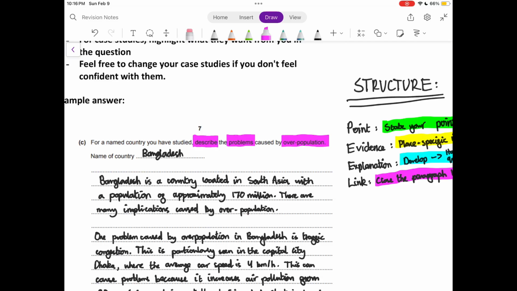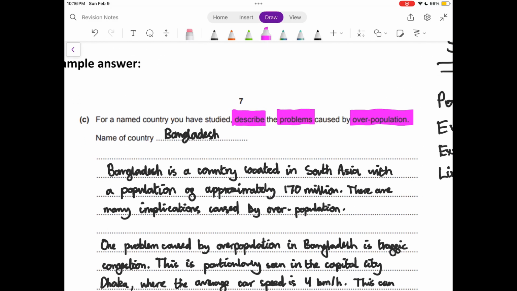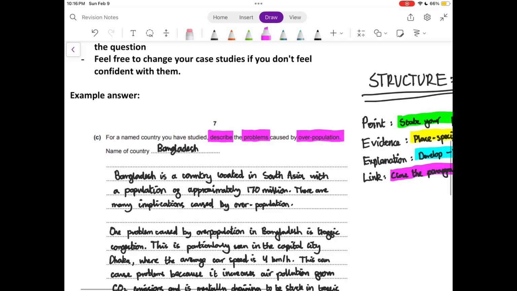So what I wrote here is Bangladesh is a country located in South Asia with a population of extremely 170 million. There are many implications caused by overpopulation. It just needs to be short and sweet, nothing too fancy. So that would do as an introduction.